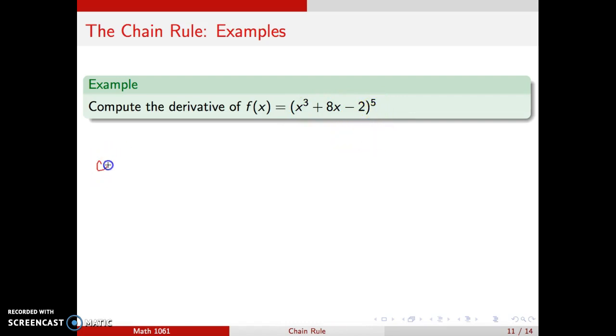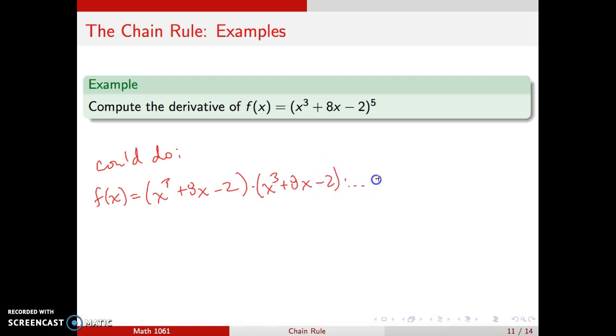Now one thing we could do is say I can think of it as a product of 5 of those terms and multiply everything out.